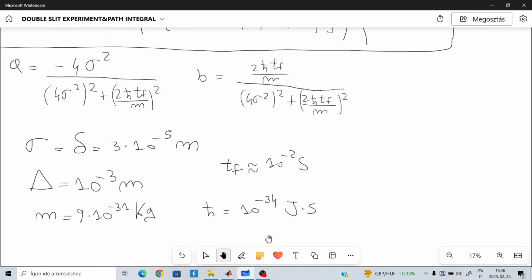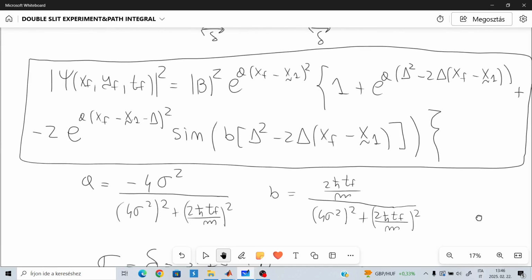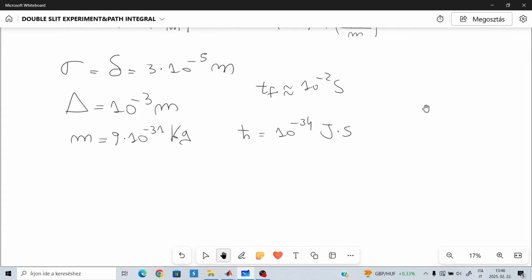These are just some numbers, but I have prepared a script with them, and I've also chosen the parameter x1, which is the position, the center of the first slit, which appears in this formula. You can choose whatever value there because it is just the coordinate x1.